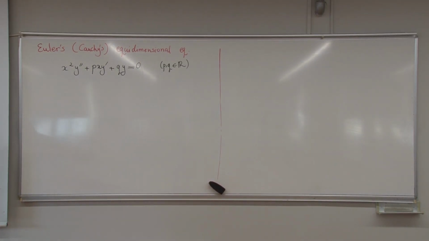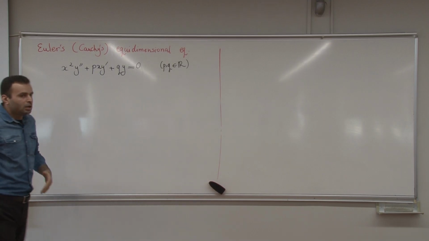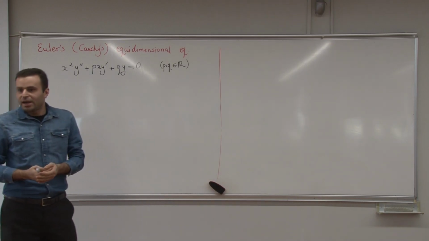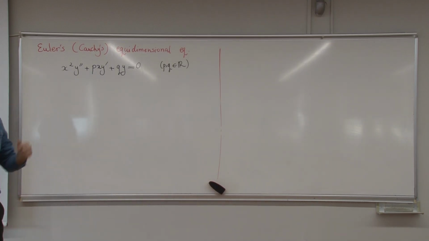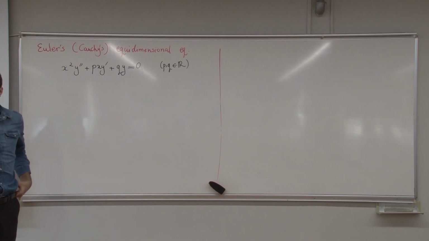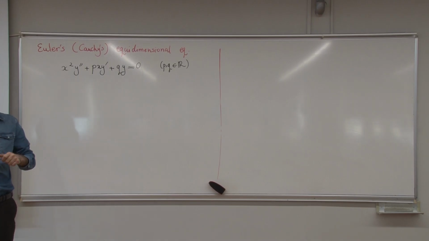So our story is like this. If we can check the two solutions that we guess about a second order differential equation, then lucky us, good for us, and everything works super fine and we have nothing to worry about.